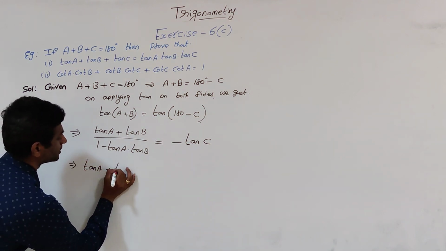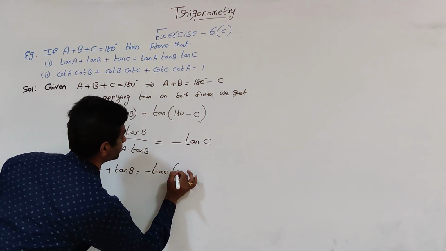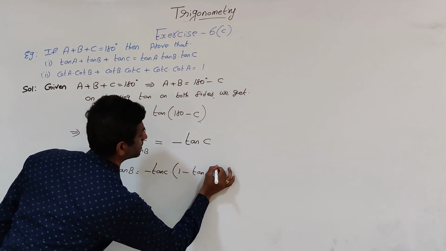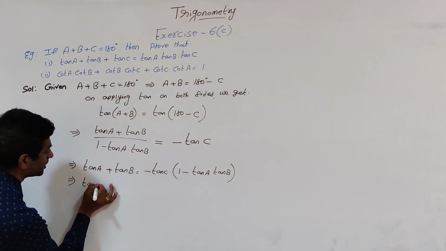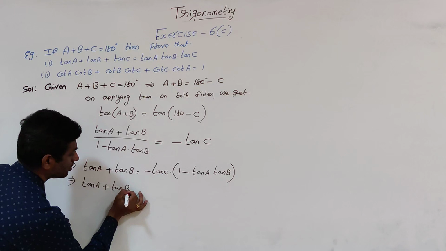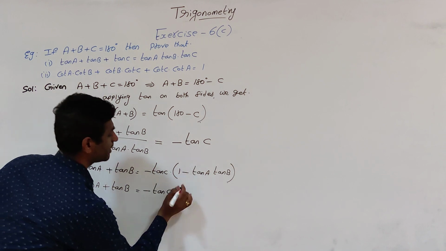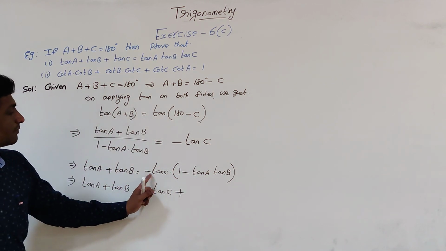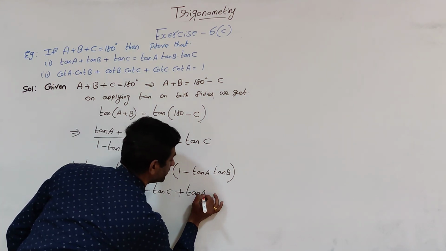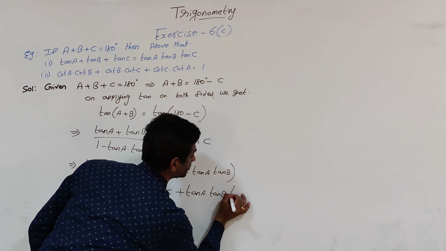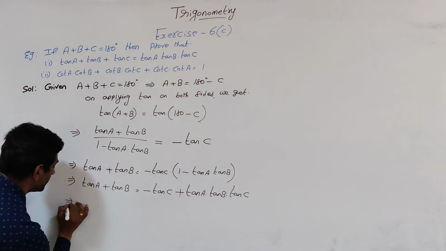Tan A plus tan B is equal to minus tan C times 1 minus tan A into tan B. Simplify. Tan A plus tan B is equal to minus tan C into 1 minus tan A tan B. Minus into minus becomes plus, tan C into tan A tan B, which is tan A into tan B into tan C. And if you bring minus tan C to the left side, what happens?